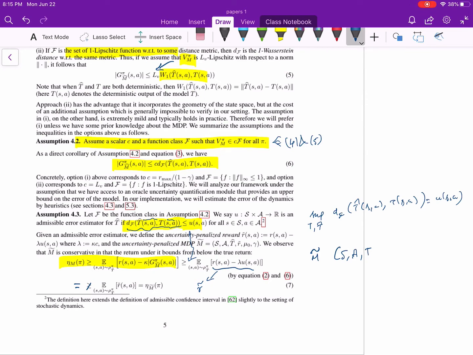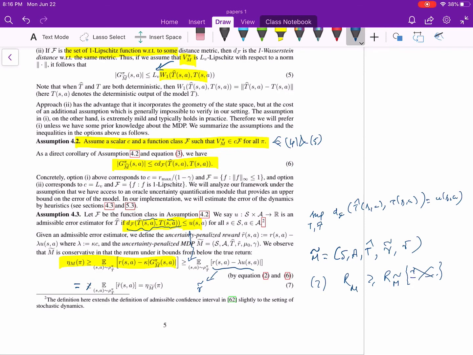Okay, it's T hat, and R tilde and gamma and other things if I have forgotten any. So this is the M tilde. And this equation 7 is also saying that the return from MDP M is greater than the return from MDP M tilde. There are no constants here as well. I was asking about constants, if there are any, and there are none here.